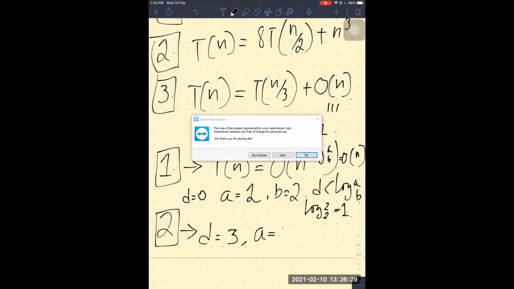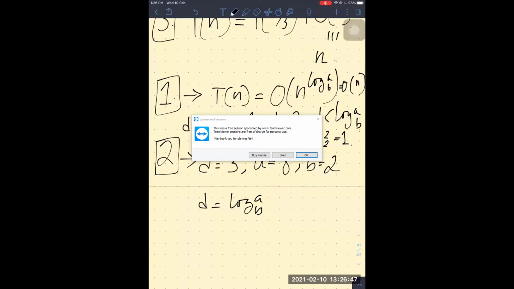D is equal to... B is... so D is 3, A is 8, and B is 2. So D is equal to log of A base B, which is 3, equal to log of 8 base 2.